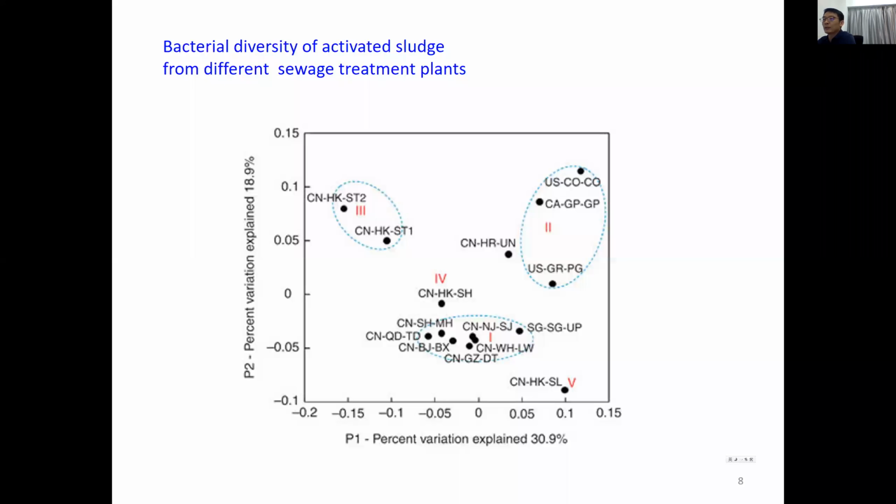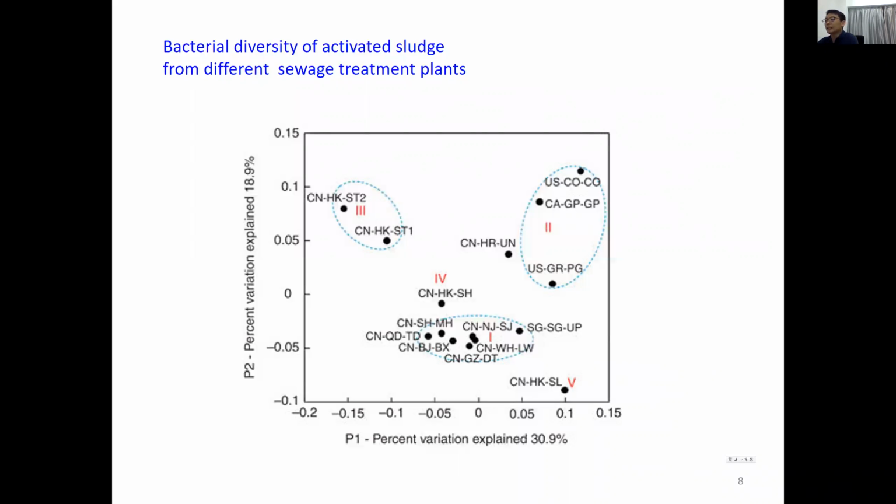As you can see from this figure, the samples from Asia and from North America are clearly separated. This is probably due to the different wastewater composition or different plant design or operational conditions in different plants.